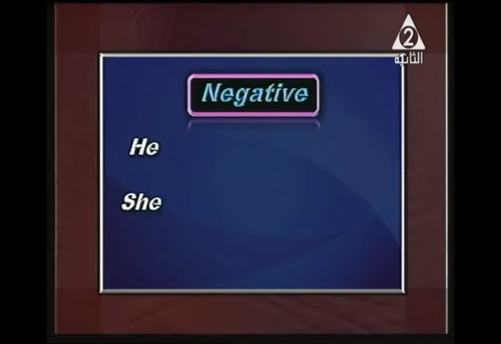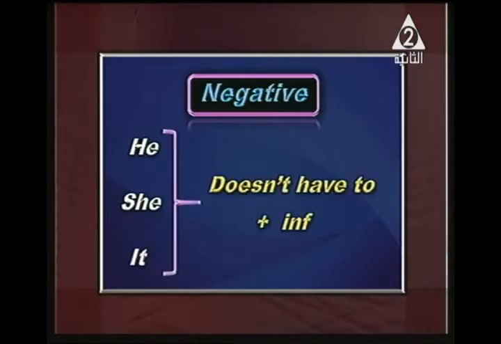He, she, it doesn't have to plus infinitive. طيب احنا قلنا he she it في الضرورة او الالزام في حالة الافيرماتيف الاثبات بتاخد has to. ازاي هنا اخدت have to؟ لاحظ عندي doesn't. معروف ان verb to do سواء في النفي او في الاثبات بياخد مصدر الفعل الانفينيتيف، عشان كده جبت have to. ما ينفعش اقول doesn't has to plus infinitive wrong. لا، الصح ايه؟ He, she, it doesn't have to plus infinitive.